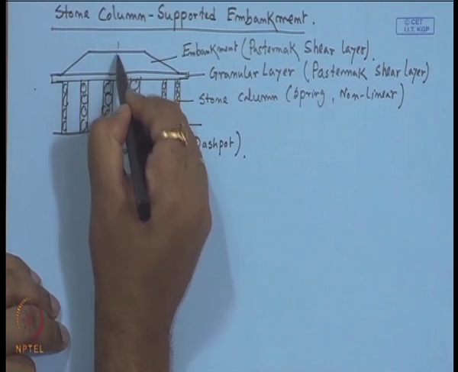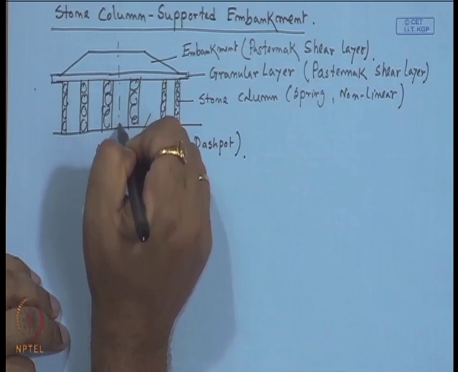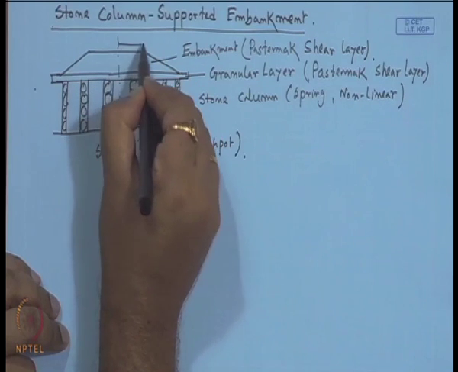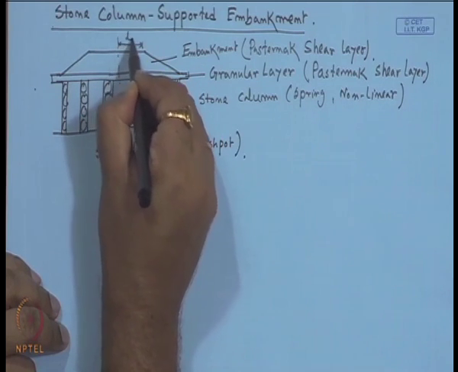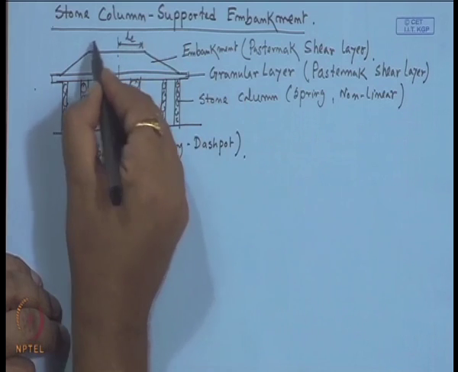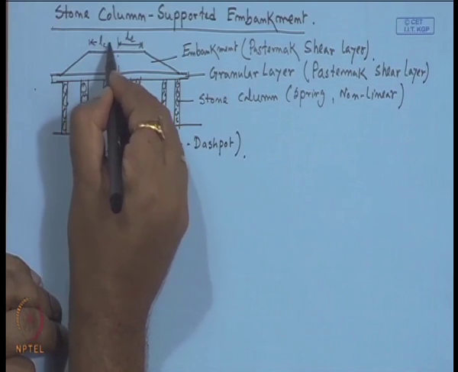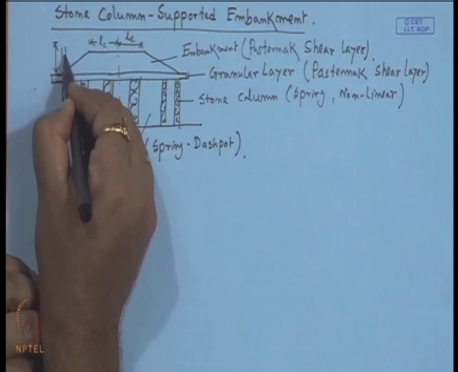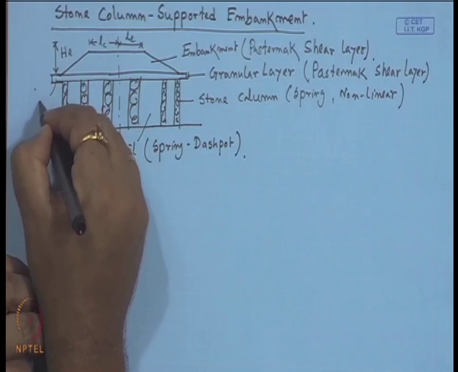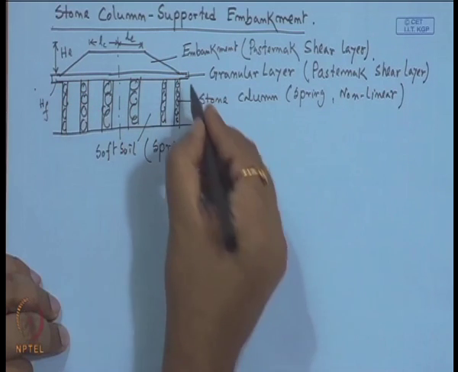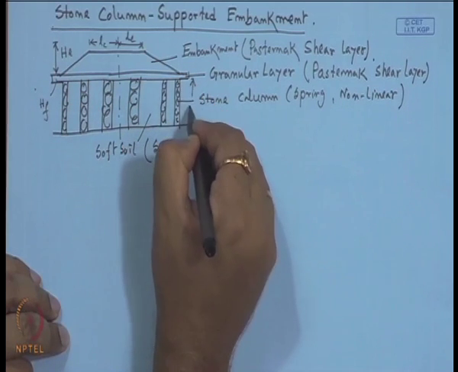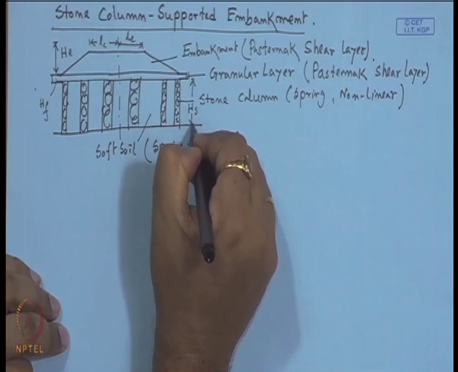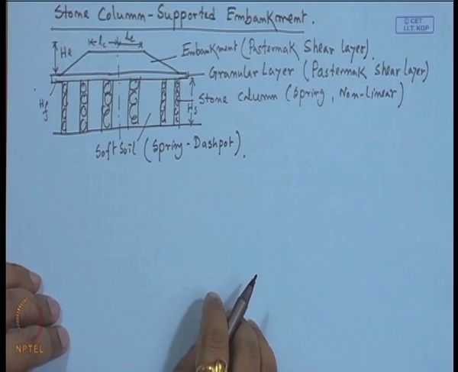If this is the center line, and this is L C, this one is also L C. H E is the height of the embankment, H F is the thickness of the granular fill, H S is the depth of the soft soil.